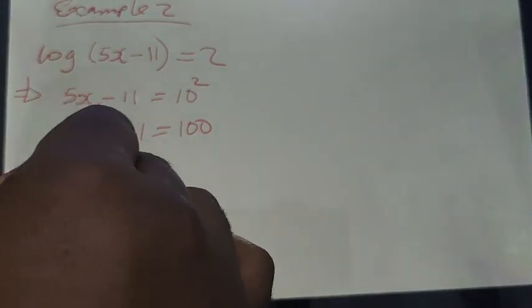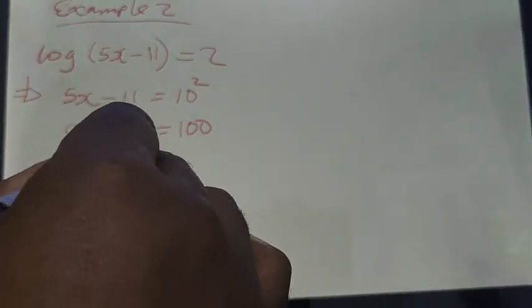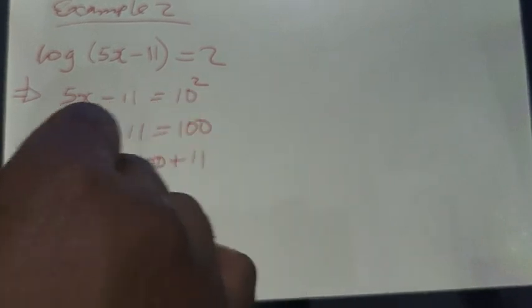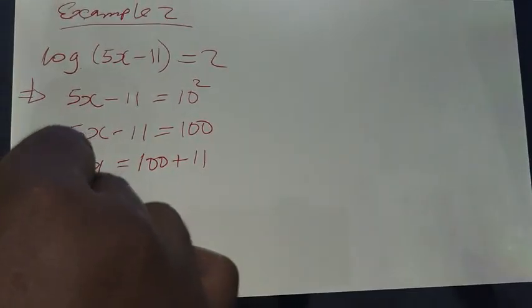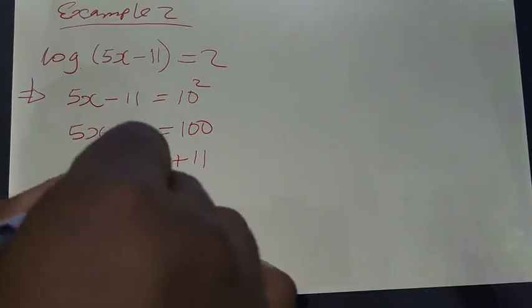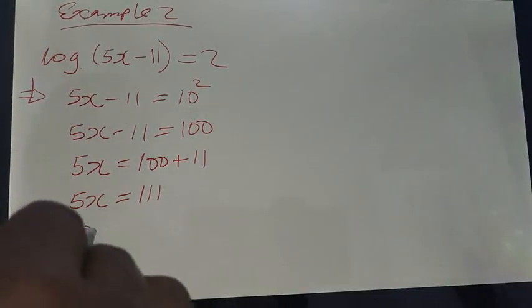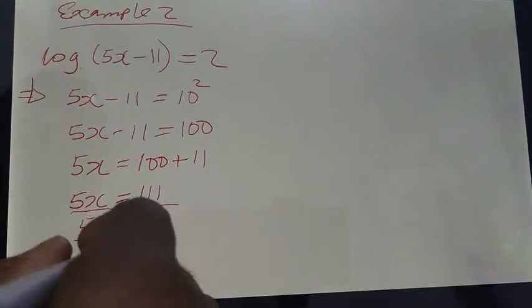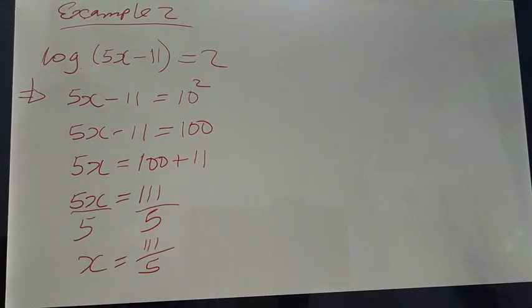So 5x will be equal to 100 plus 11, which means 5x will be equal to 111. Then x will be equal to, if you divide both sides by 5, 111 over 5. Okay, that's that.